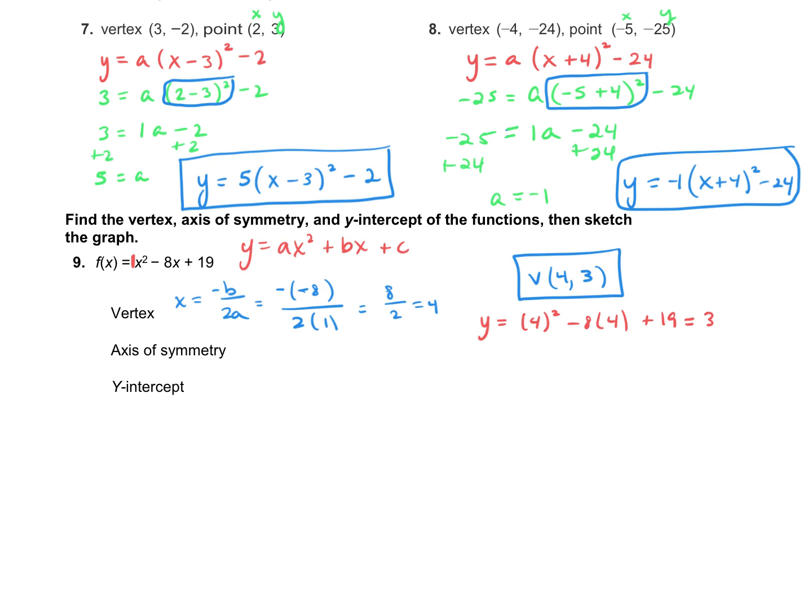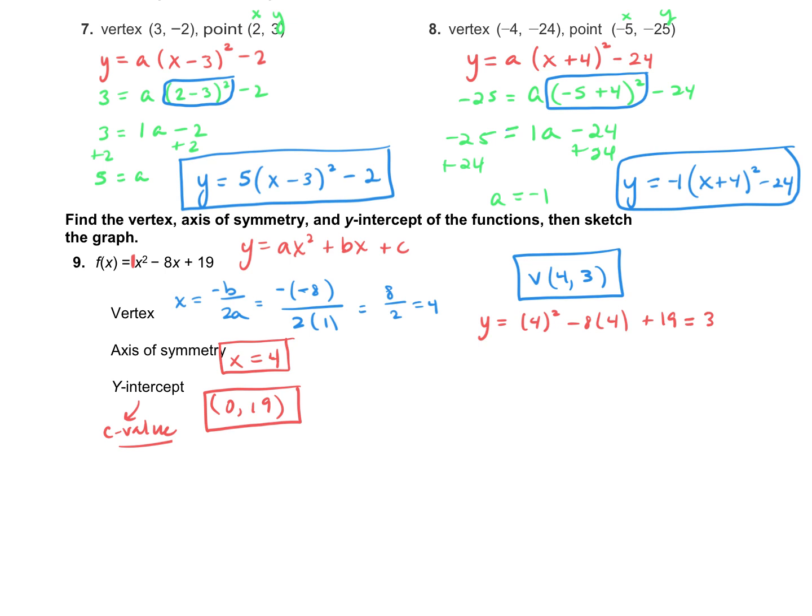Axis of symmetry is going to be that equation x equals, and it's going through the vertex, so x will equal this 4 right there. And then the y-intercept, in standard form, the y-intercept is your c value every single time. So in this case, that's a 19. So your y-intercept is the ordered pair 0, 19.